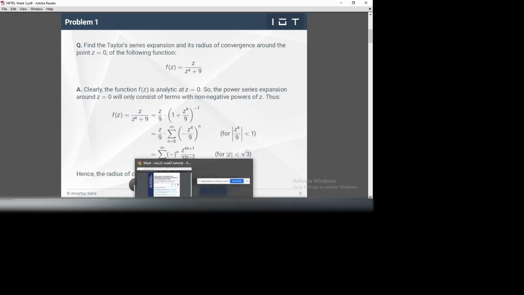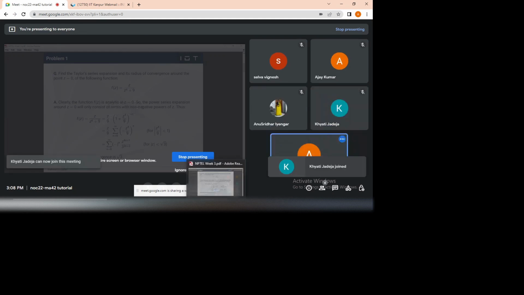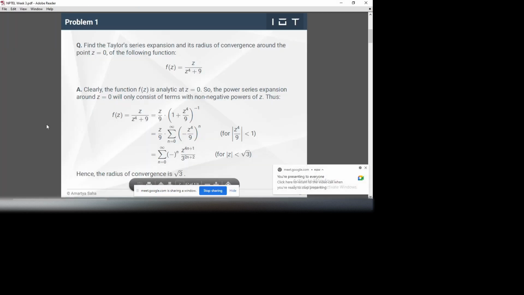Otherwise we are of course free to use the complex contour integral techniques also.